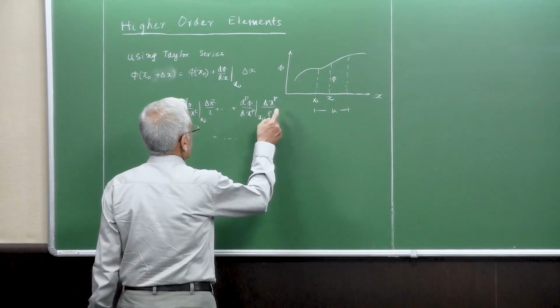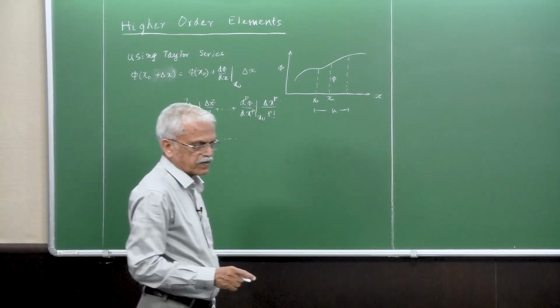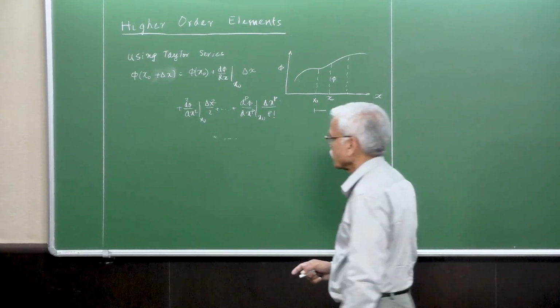If you are doing up to x to the power of p, then there are higher order terms, which we will call approximation errors.